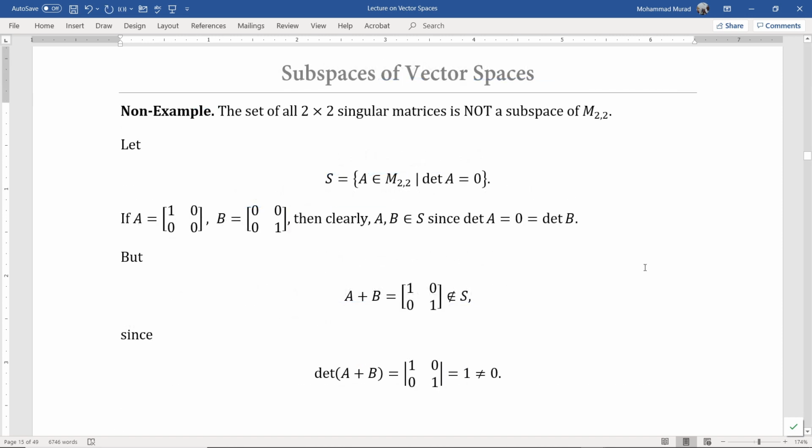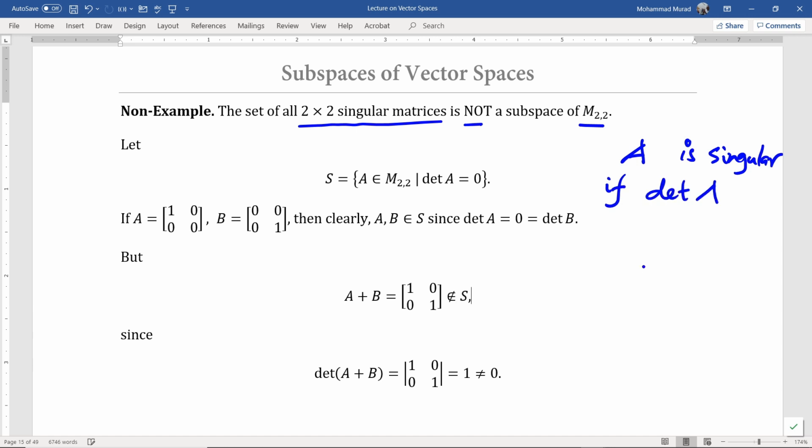Let's see a non-example. The set of all 2 by 2 singular matrices is not a subspace of the vector space M sub 2,2. Recall that a square matrix A is called singular if its determinant is equal to 0.